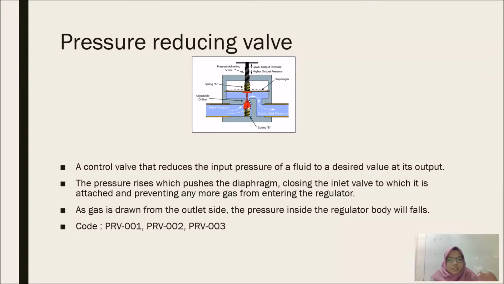As gas is drawn from the outlet side, the pressure inside the regulator body will fall. So this is why we use the pressure regulating valve. The codes that we use for our design are PRV 001, PRV 002, and PRV 003.